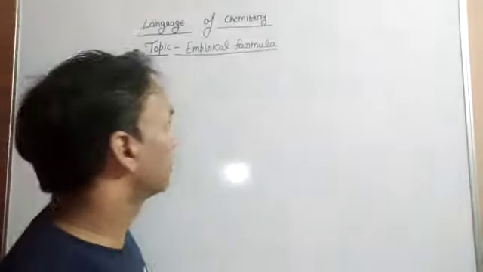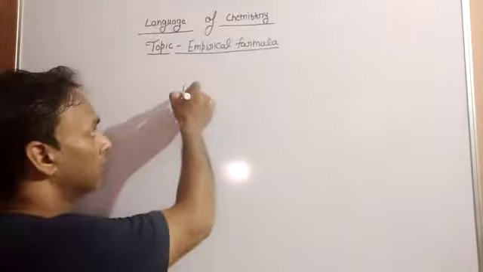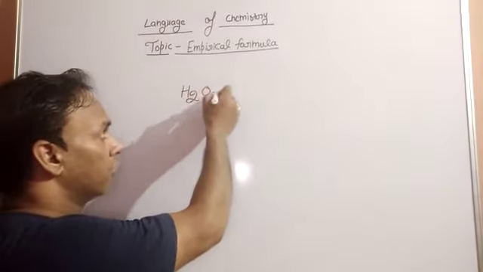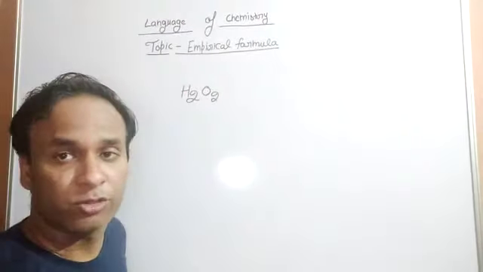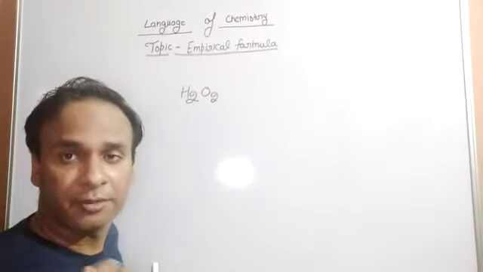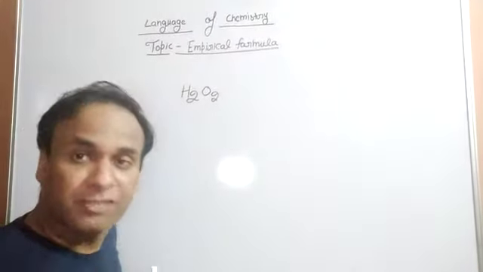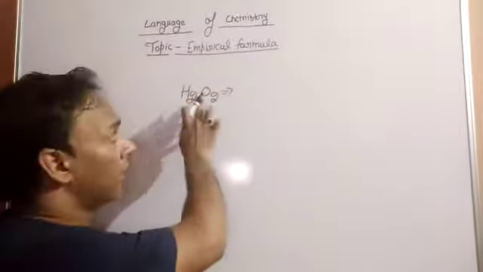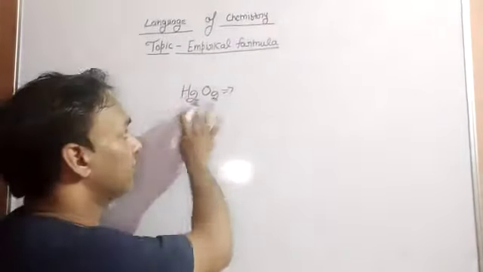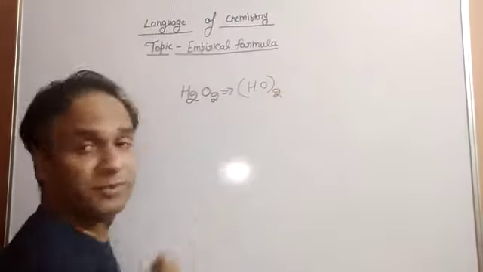Listen carefully. Suppose a chemical formula is hydrogen peroxide, in which 2 hydrogen and 2 oxygen atoms are present. But the simplest formula of this, when we simplify these 2 atoms, hydrogen and oxygen, we take common HO whole twice.